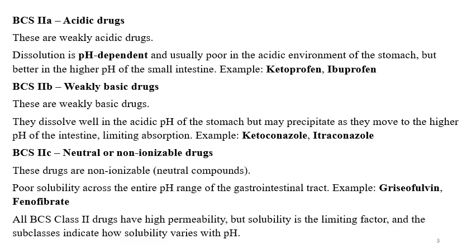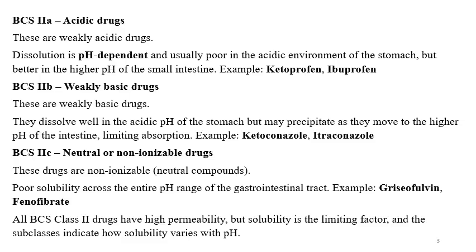Examples are ketoprofen, ibuprofen. All these drugs are BCS class 2, but if you check their nature, then you will know how to categorize these drugs. So the acidic or weakly acidic drugs will come into the BCS class 2A category.